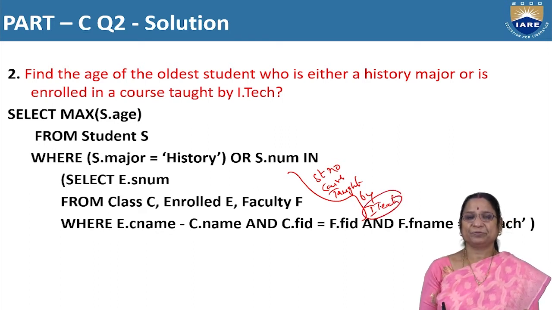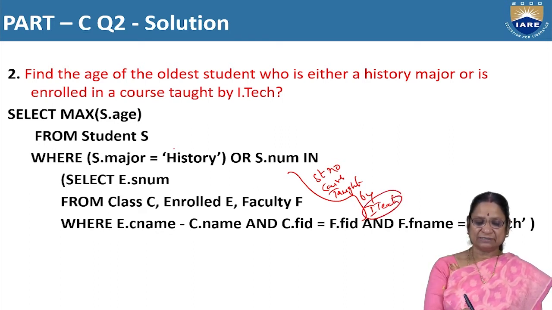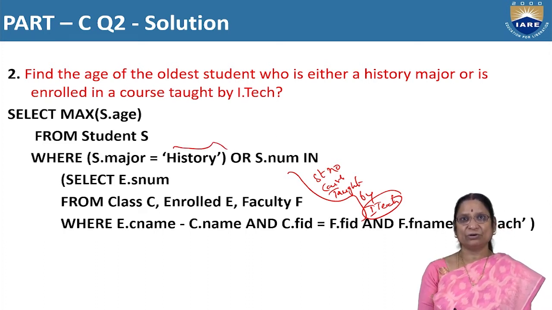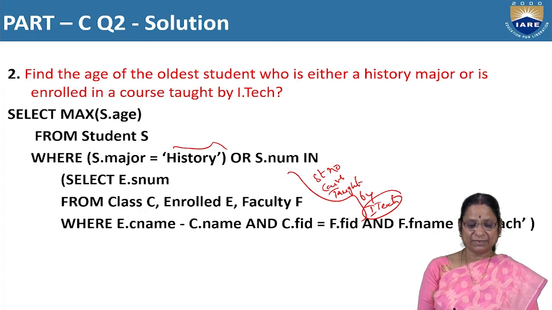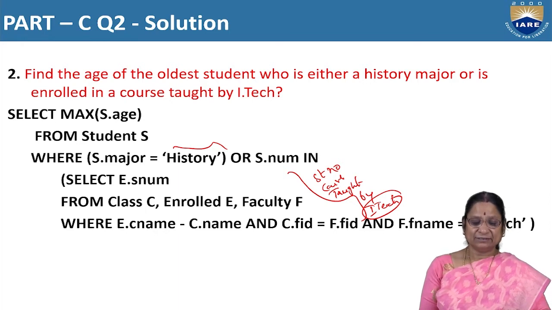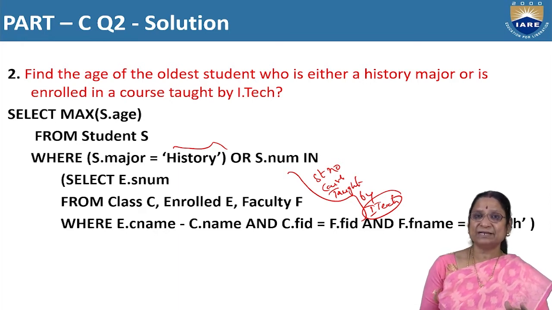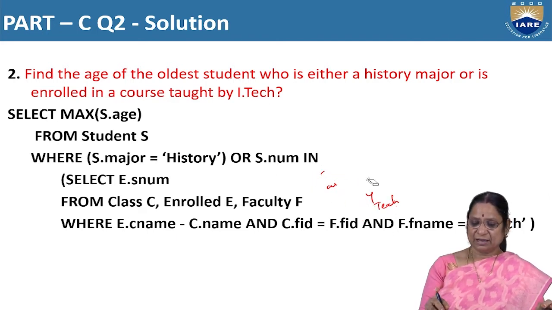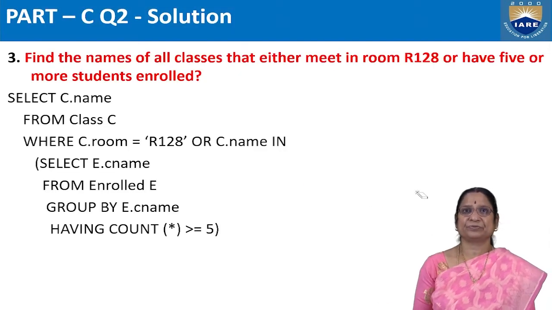So if the major is history or the student number is in this group, either or, if any of these conditions is satisfied, then among those students only, we need to find the maximum age. Among those students only, the oldest student age, that means maximum age.